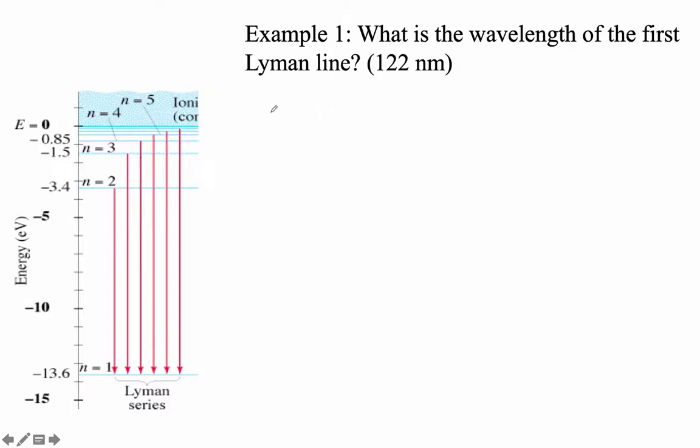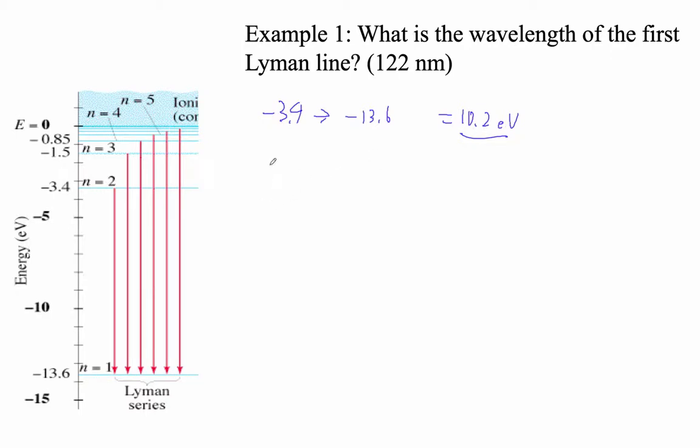So the first one is a transition from minus 3.4 to minus 13.6. So the energy released, we can just subtract these, right? 13.6 minus 3.4. The energy released is 10.2 electron volts, right? And then what's the wavelength of a 10.2 electron volt photon?